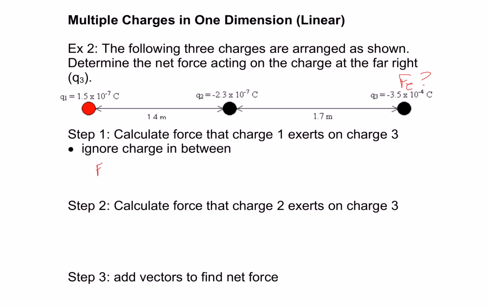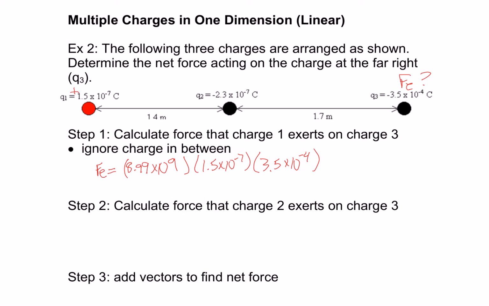So for step 1, we need to figure out the force between two of them. Let's do charge 1 and charge 3. I've colored charge 1 red to show that it's positive, positive 1.5, where the other ones are negative. Colors can help you separate them, or just be careful about positive and negative. When we put in our numbers, we have 8.99 times 10 to the 9 for k, charge 1 is 1.5 times 10 to the negative 7, and charge 3 is 3.5 times 10 to the negative 4.